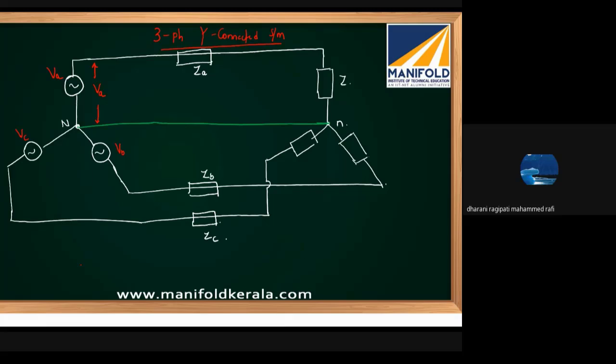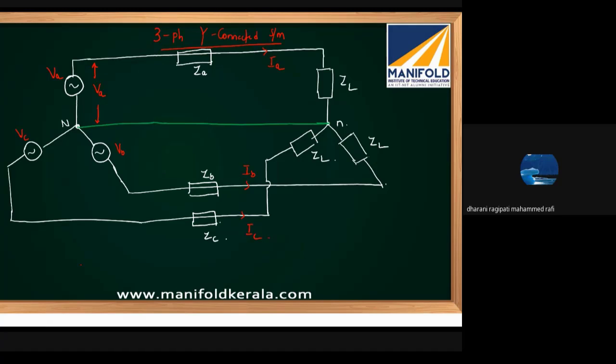This is ZL, load impedance per phase. Now the currents in respective phases will be IA, IB, and IC.